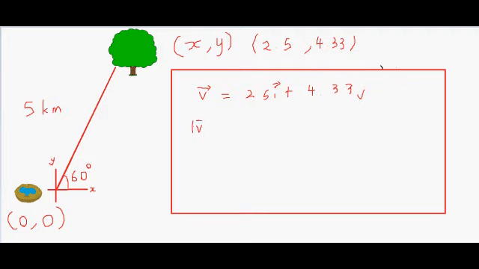Now, if you want to check if you have resolved the vector properly, the magnitude of the vector should be exactly the same as the original vector before you resolved it. In this case, 5 kilometers, which is 5 in this sense. So what you do is you take the components that you got earlier and square each of these components. After you square these components, you add them up and take the square root of that addition.